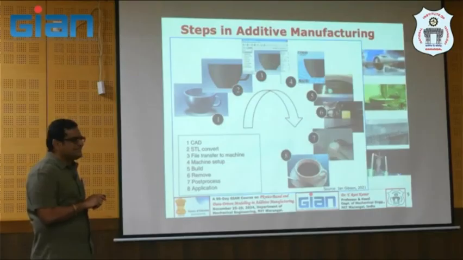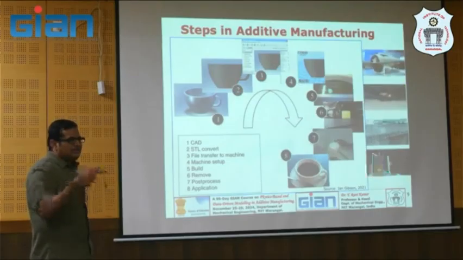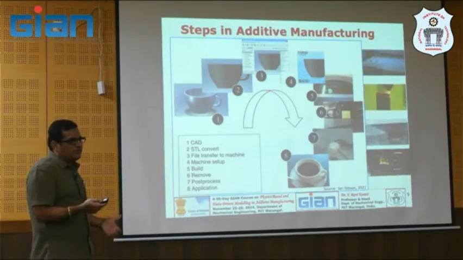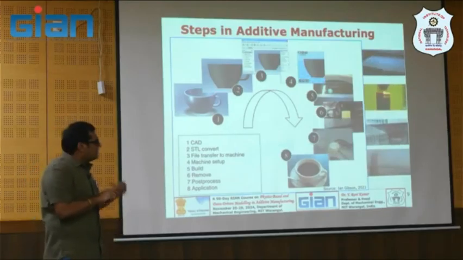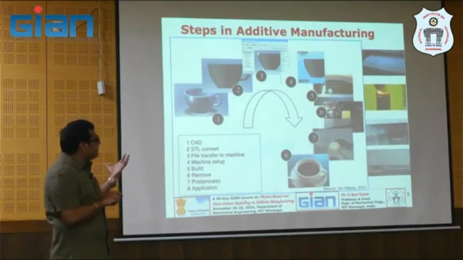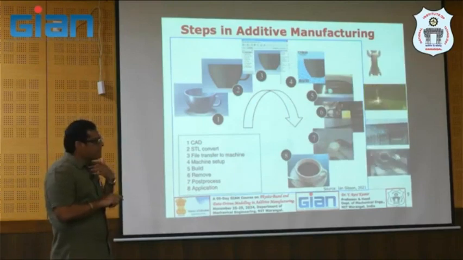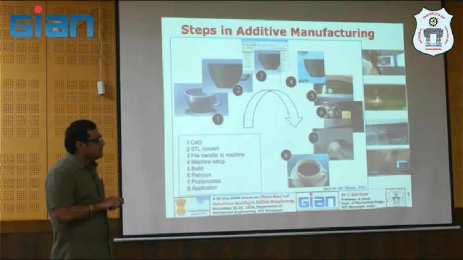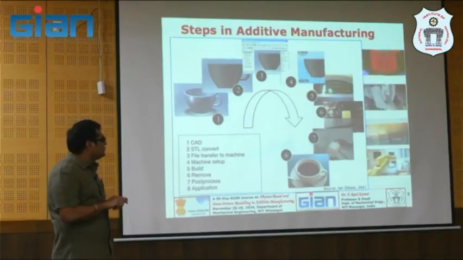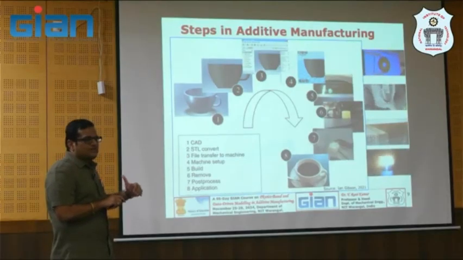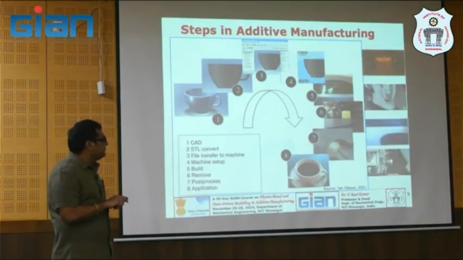Then you do all the slicing, the laser strategy, layer thickness, or whatever process parameters you set here. If not, the software will automatically take some default parameters and generate the machine setup, or rather the code. That code is sent to the machine, and physically layer upon layer, your part is fabricated from the first layer to the last layer.